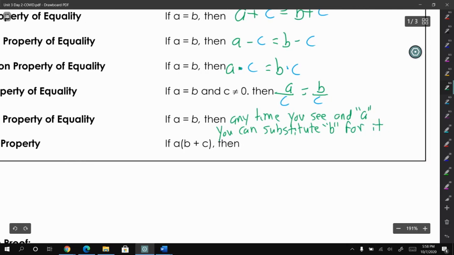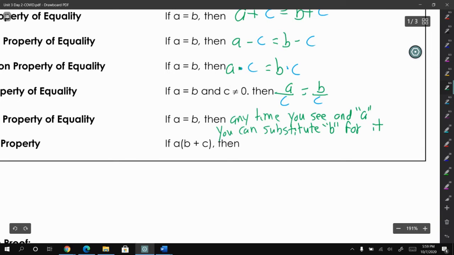And that one is going to be useful later on. You may not have used that as much up until now. Maybe when you were solving equations in Algebra 1 by substitution, you used this, but you have not used this as much as the other ones.